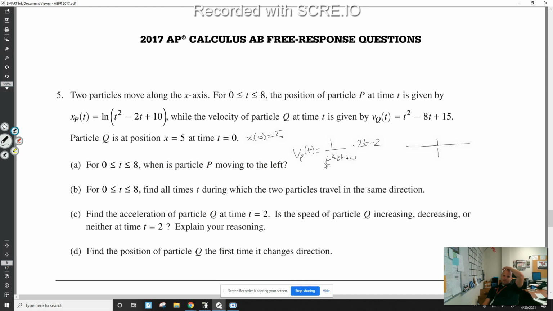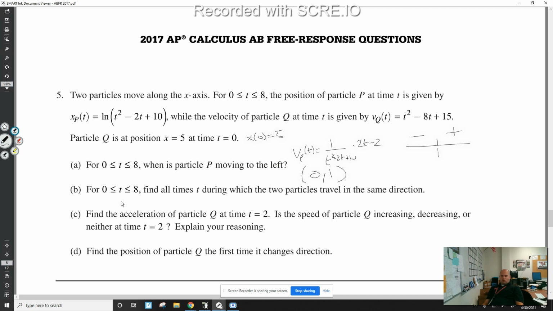Let's think: 9 minus 6 plus 10, okay, that's positive. 49 minus 14. 1 minus 2 plus 10. 4 minus 4 plus 10. Yeah, this looks like it's always going to be positive, so it's really going to be just 1. It's going to be negatives and positives. So we're moving to the left from 0 to 1.